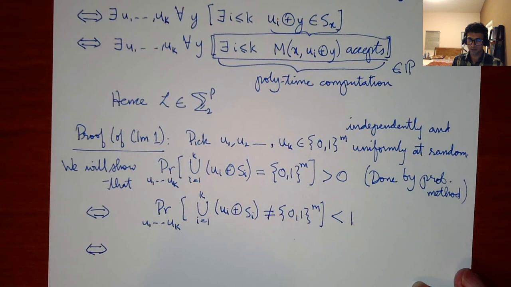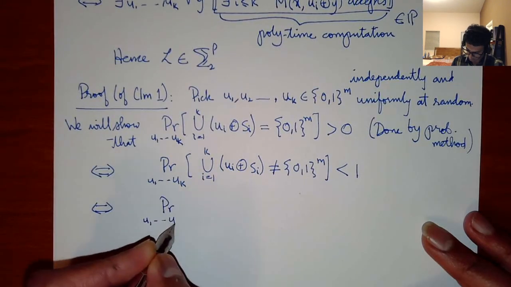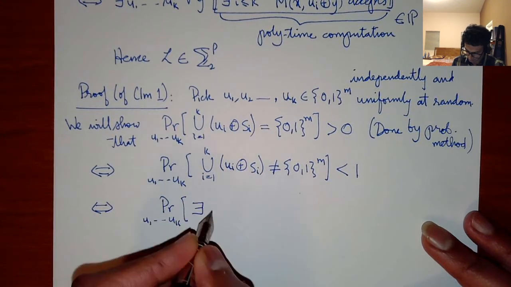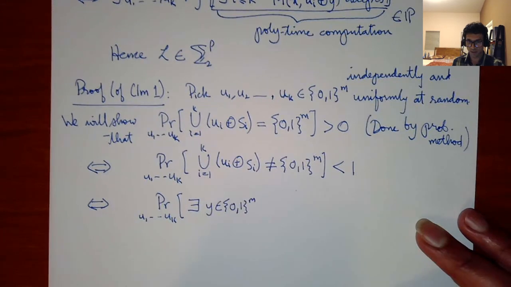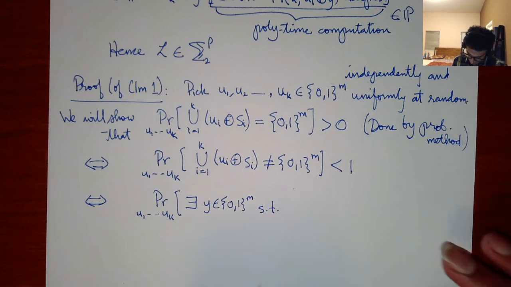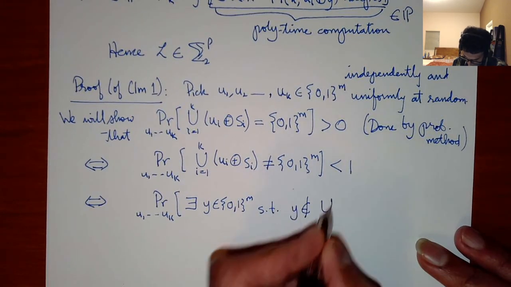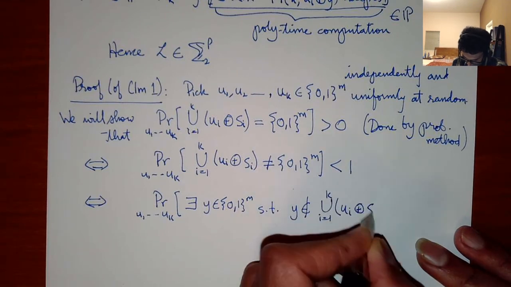And again, I'm going to write this out by showing the probability over u1 to uk that there exists a y in {0,1}^m such that y is not in the union of all the shifts.